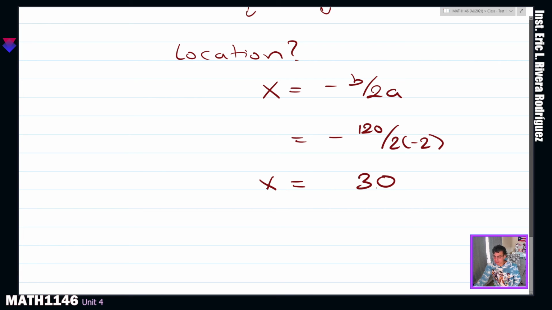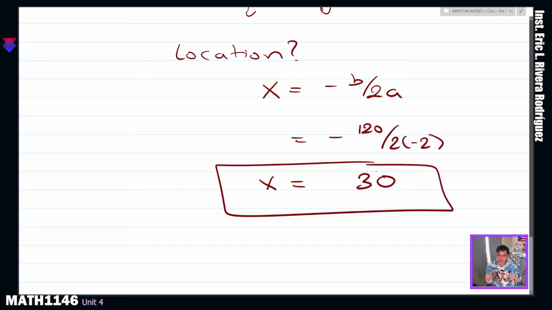X equal 30 is talking about the length of that rectangle. If you put yourself in a real life situation, how can you tell that the length of something is negative? That is not possible, right? So this answer makes sense to the context that we are working on.